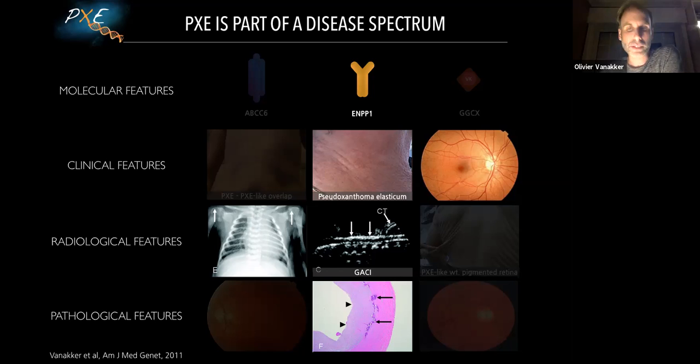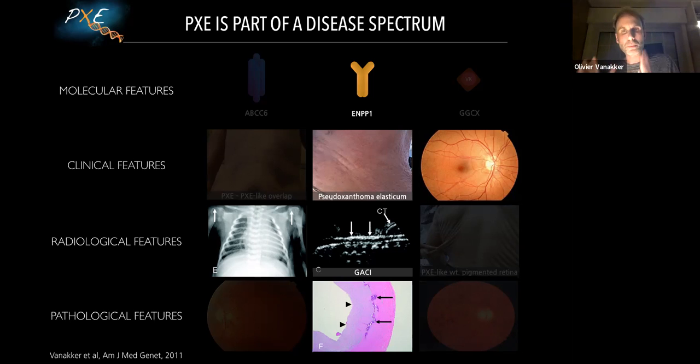These are babies that have terrible calcification of their blood vessels, which is life-threatening. But in some cases, when they survive, they develop symptoms that look very much like PXE. And it has been shown that classic PXE patients, in rare cases, can have mutations also in ENPP1 and vice versa. Some children with this arterial vascular calcification can have mutations in ABCC6.